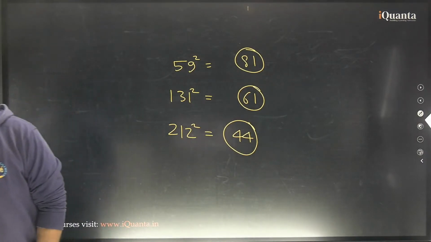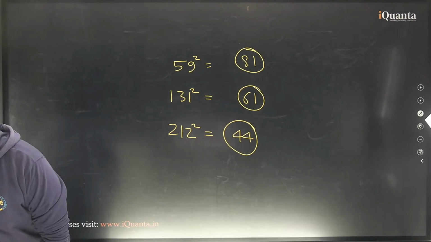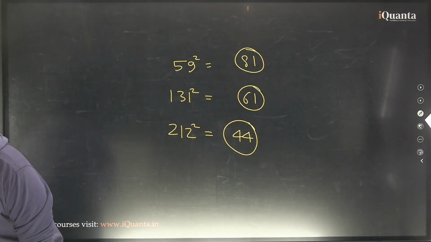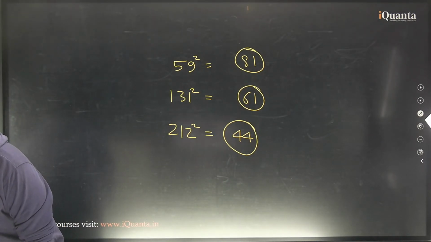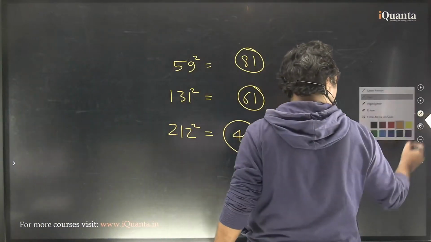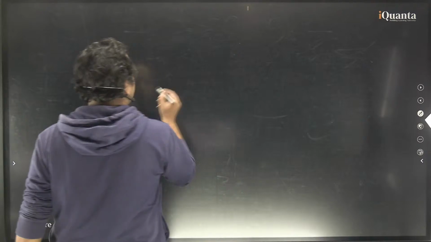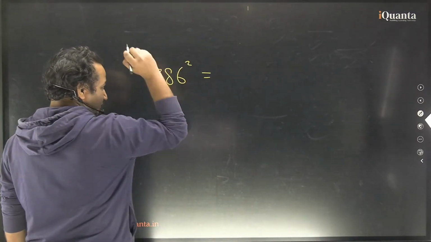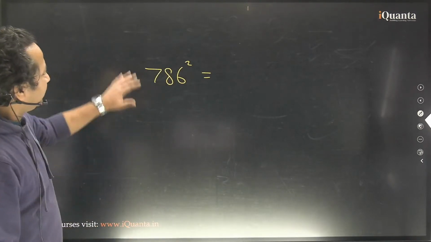Great. So I think all of you are now comfortable with this part. Are you comfortable with this part? Any problems? Any issues? Anyone? So 786. चलो भगवान का नंबर ले लेते हैं. The number of God Almighty. 786.